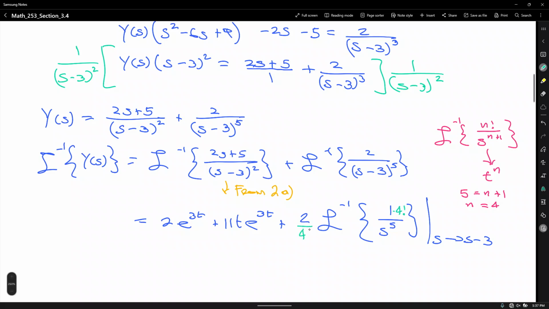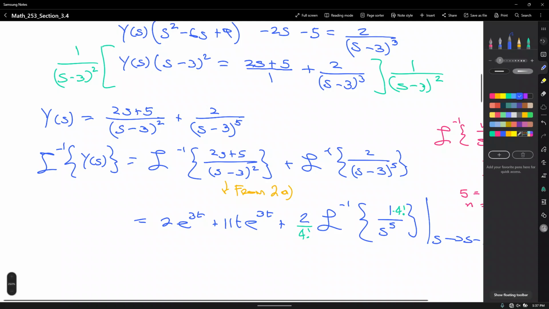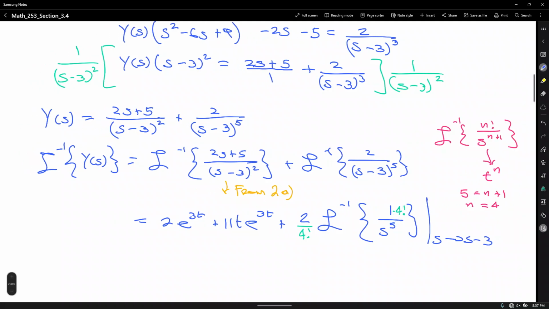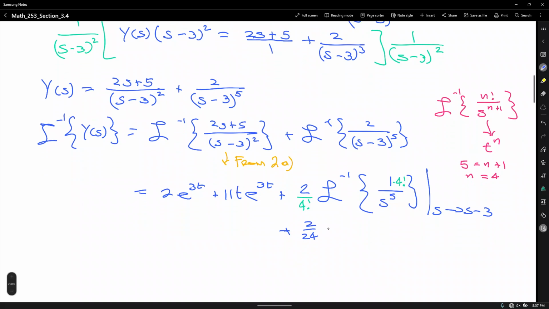We can make our wish come true, just divide it out. But what's 4 factorial? Is that 4 times 3, which is 12, times 2, which is 24, times 1, which is 24? So this would be 2 over 24, and this is t to the fourth power, and in this case, because of the translation, e to the 3t.